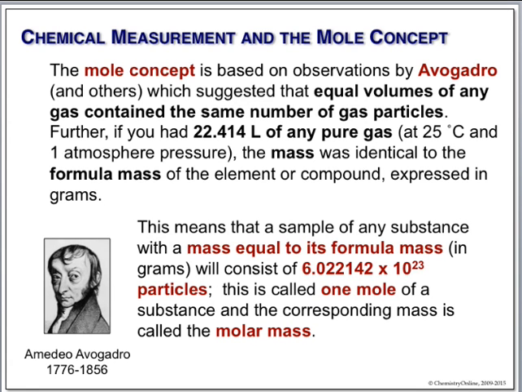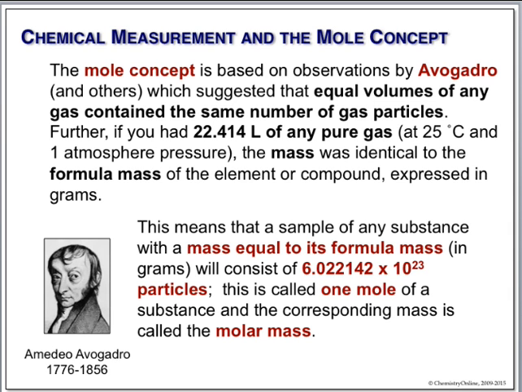Formula mass. If you simply take the average atomic mass for each element in a compound and add them up, that's the formula mass. To express that in grams, that number of grams will contain Avogadro's number of particles.